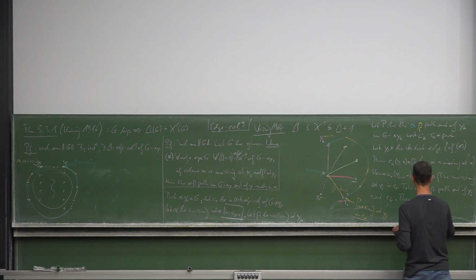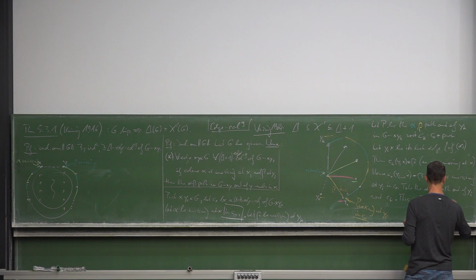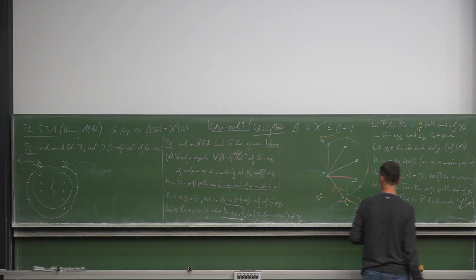Then, okay, this is P backwards. Which is a contradiction to star.